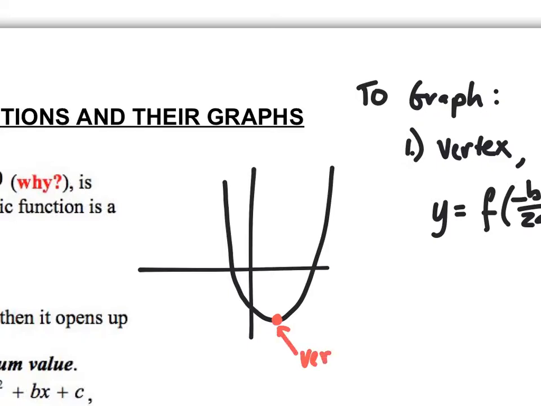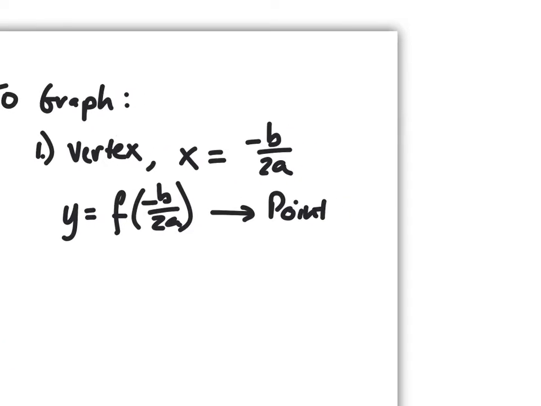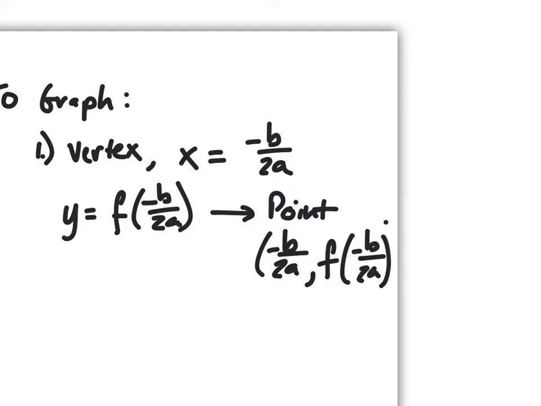So we first want to find our vertex, and that's the point where it's either going to be our minimum or maximum. That point is the point opposite b over 2a, and to find the y value at that point, we plug opposite b over 2a into our function. That's the first thing we want to find.